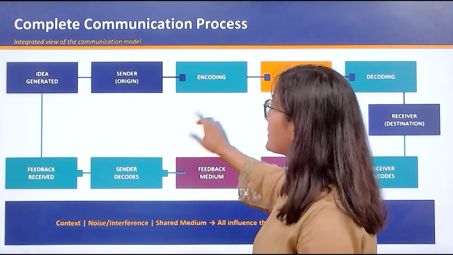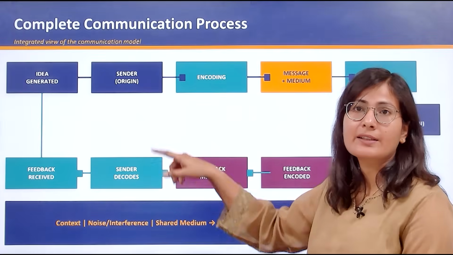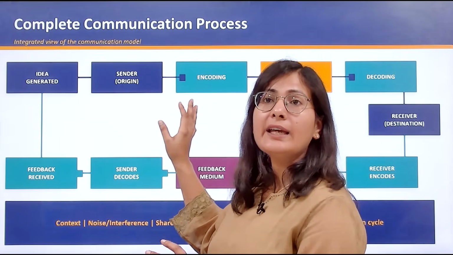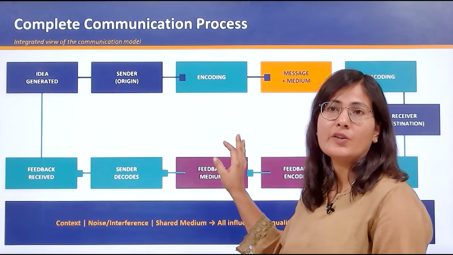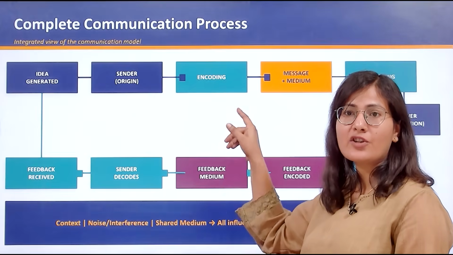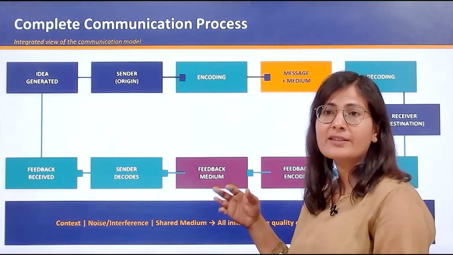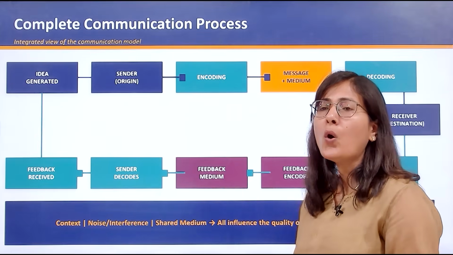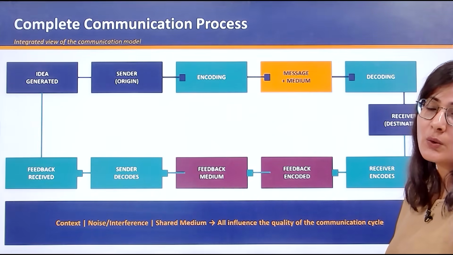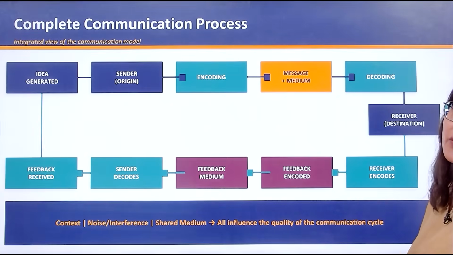And so this is the integrated view of the communication model, the complete communication process. There is a certain context, noise, interference, and shared medium. All of these influence the quality of communication.